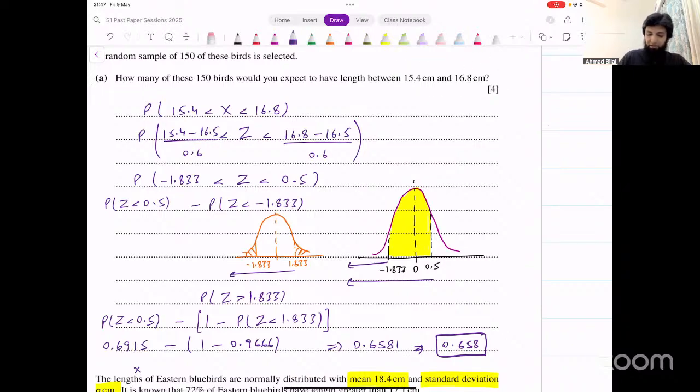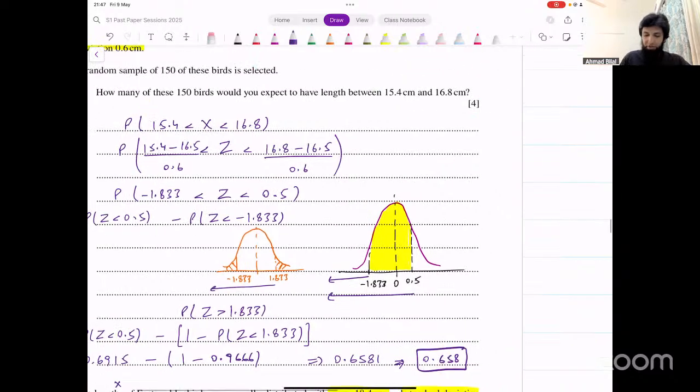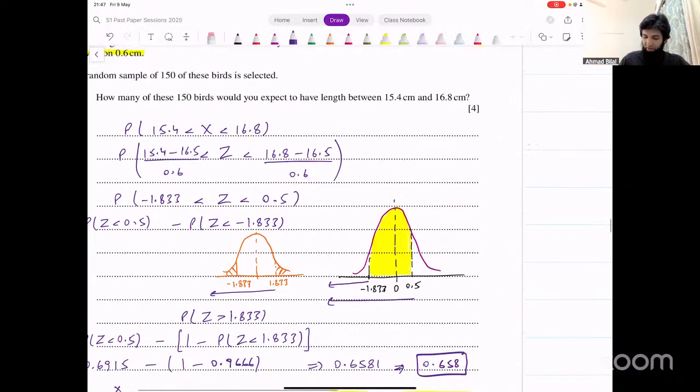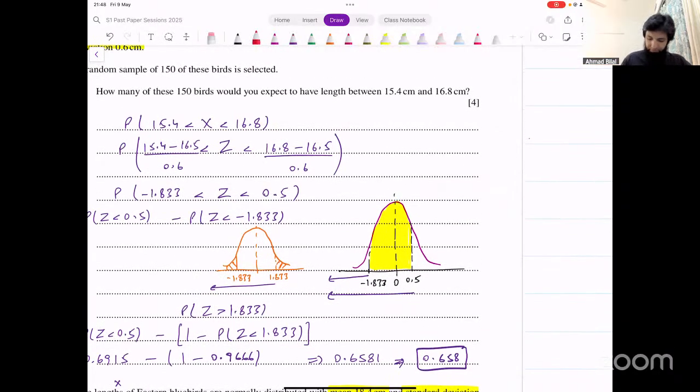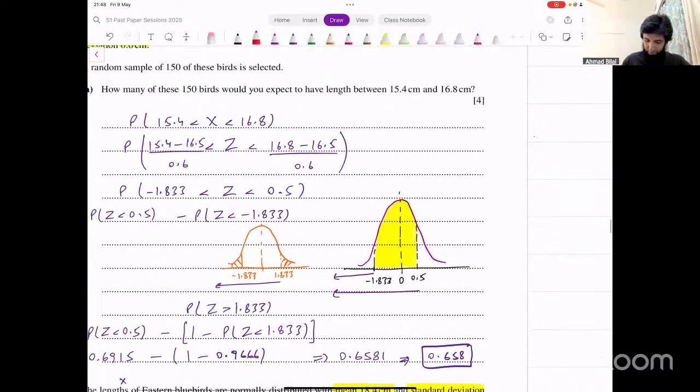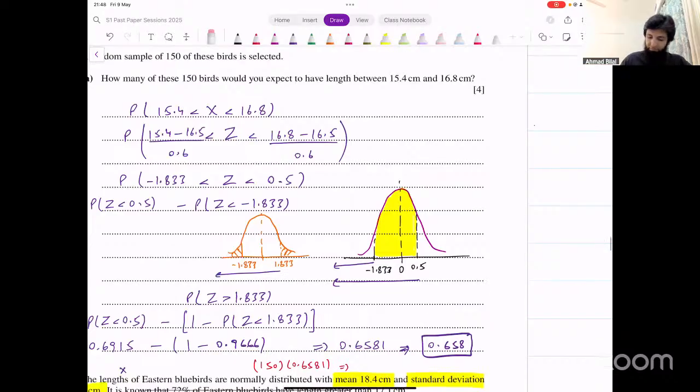This is just for one bird. For 150 birds, what will be the expected number of birds falling in that bracket? We would have to do 150 times 0.6581. You can see what that turns out to be.